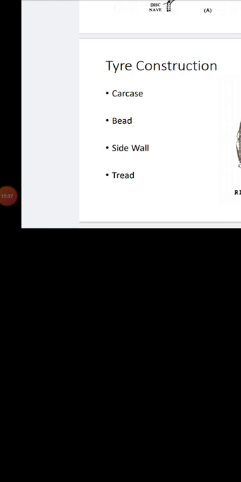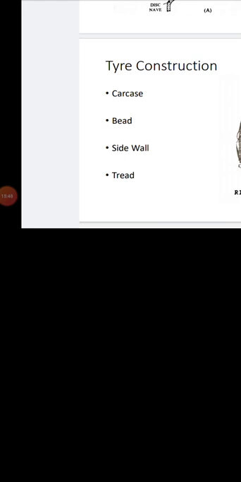Different parts of the tire are shown in this figure, and this tire is rubberized fabric plies over the rubber liner, wrapped around wire beads. Wire beads provide better strength to the tire. Now we'll discuss the major components of the tire, or the construction of the tire.